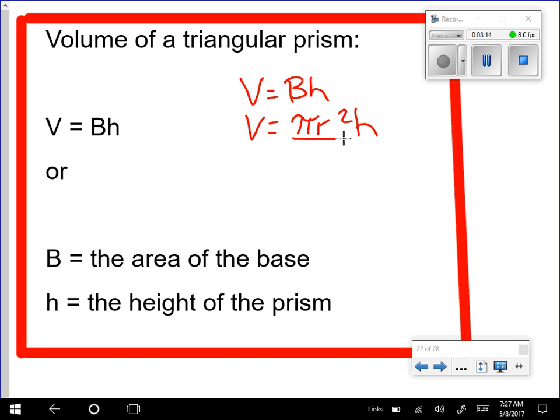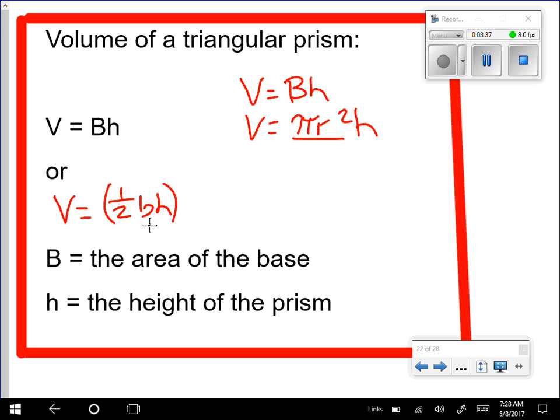So this is no different. We have volume equals the area of the base times the height of the prism. Well, what is the area formula for a triangle? The area formula for a triangle is 1/2 base times height.